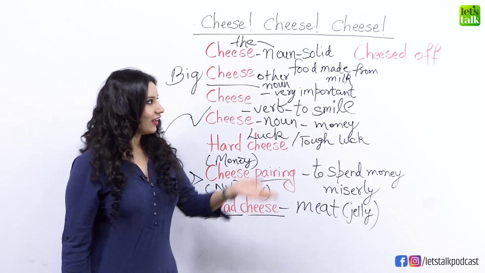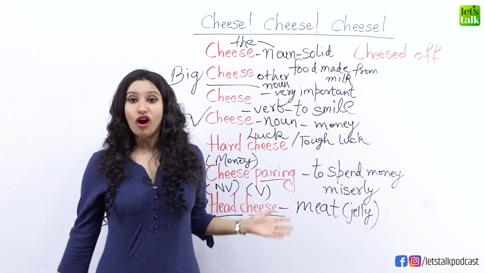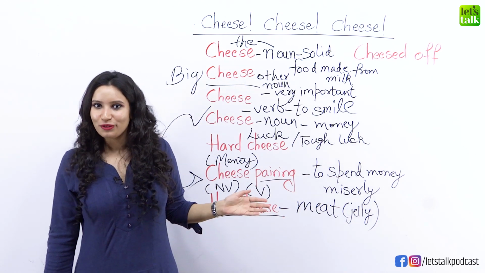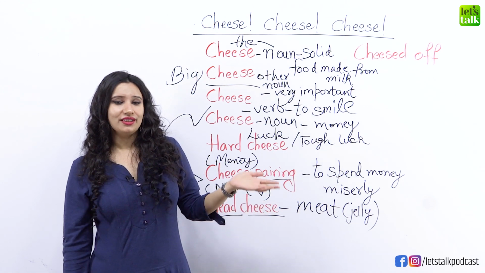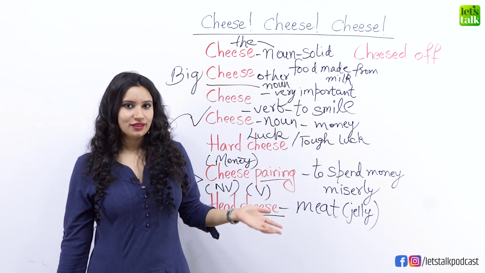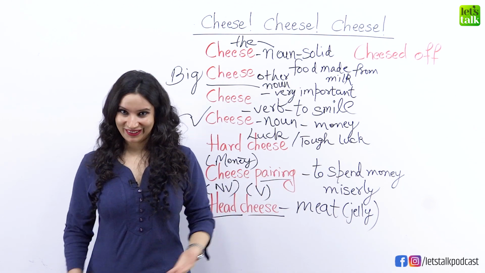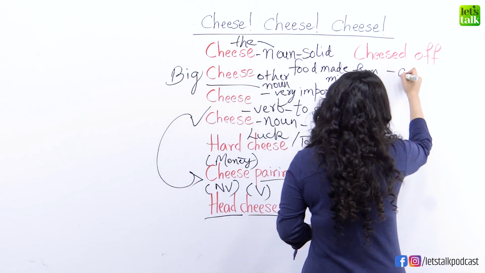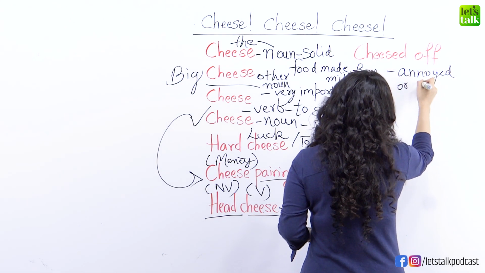This is not cheese. Okay, the last one we have is cheesed off. Did you get my expression? Cheesed off. This means that I am quite cheesed off, annoyed or irritated. Cheesed off means to be annoyed or irritated.